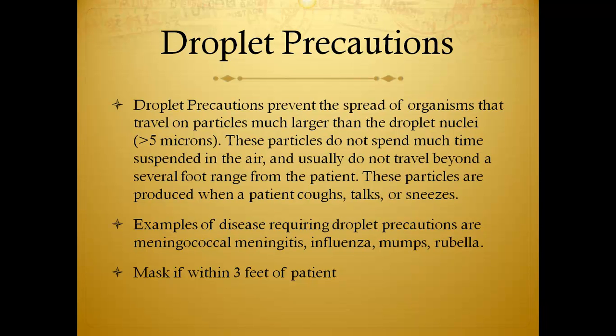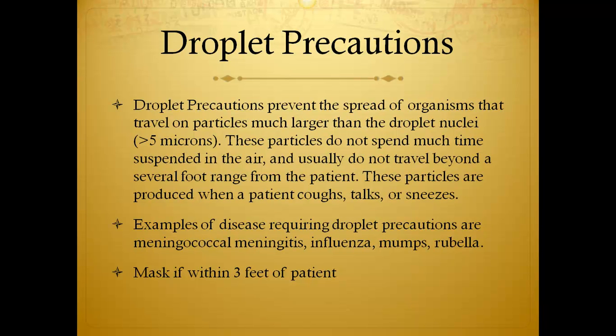You will see nurses walk into the patient's room with droplet precautions without the necessary protection, and their defense is, well, I'm not coming within that 3-foot space of the patient. And if you think about this, somebody sneezes, those particles fall down, gravity pulls them out.